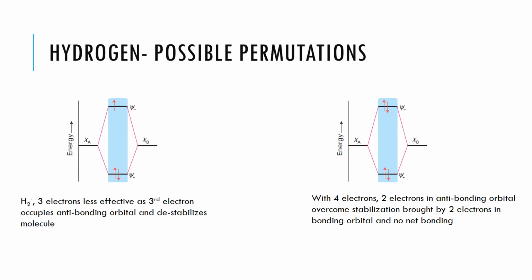And we can also imagine a situation where we have 4 electrons in the system, 2 electrons in the bonding orbital and 2 electrons in the antibonding orbital. Here we would actually predict no net bond, because essentially the 2 electrons in each of the bonding and antibonding orbitals cancel each other out, and the molecule would not be stable.